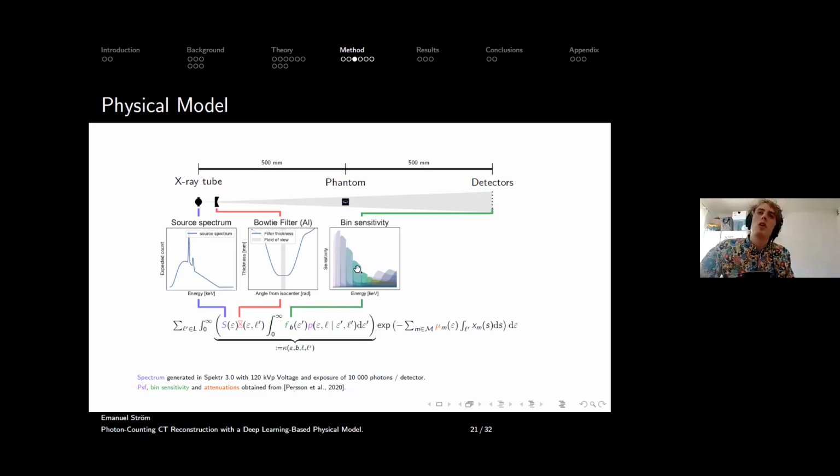And then we have bin sensitivities, which model the sensitivity of the detectors to each of the different intervals of photon energies. And we noticed later on that this is not exactly the correct bin sensitivities, unfortunately. So we're resulting in a model that is a little bit worse at resolving the photon energies than what a realistic setup would actually have. And then we have this point spread function, which models the crosstalk between the detectors.